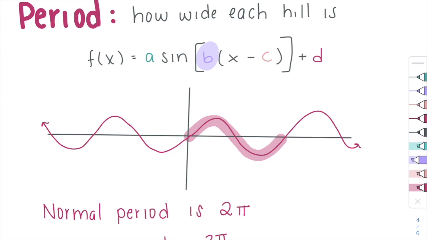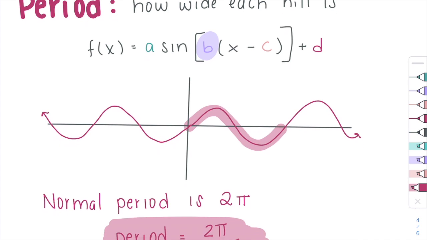So our period is just our fancy way for saying horizontal stretch or shrink here, but because we're going to be stretching and shrinking every hill on the graph, then we want to talk about it as something that's happening multiple times, so we gave it a new name, call it the period. So our period is calculated by taking the b value and doing 2 pi divided by the b value.